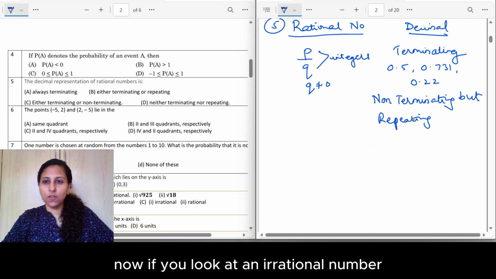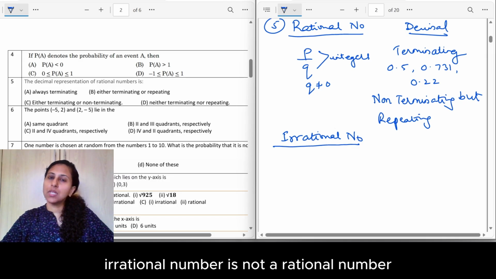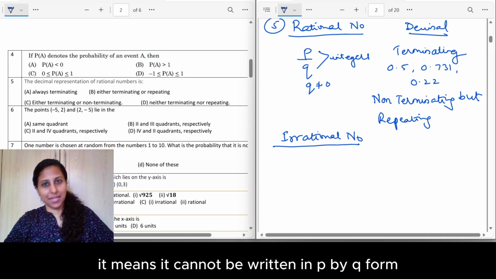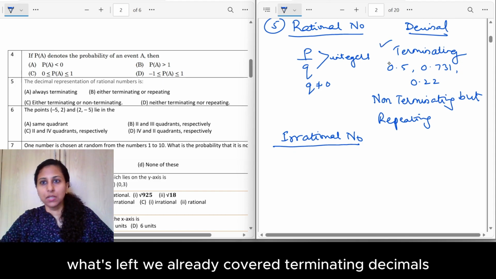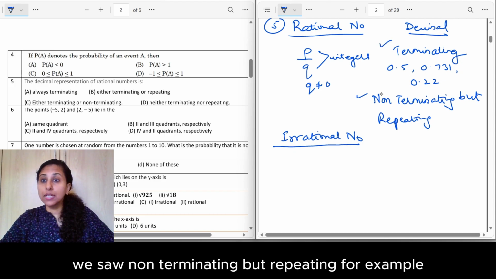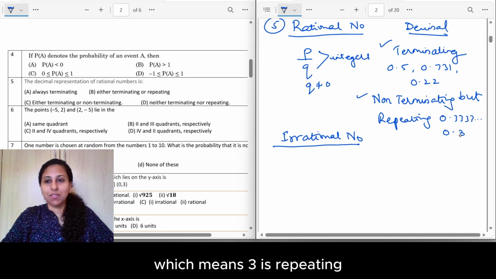Now, if you look at an irrational number, it is not a rational number. It means it cannot be written in P by Q form. So how would the decimal representation look like? What's left? We already covered terminating decimals. We saw non-terminating but repeating, for example, 0.3333 dot dot dot, which means 3 is repeating.